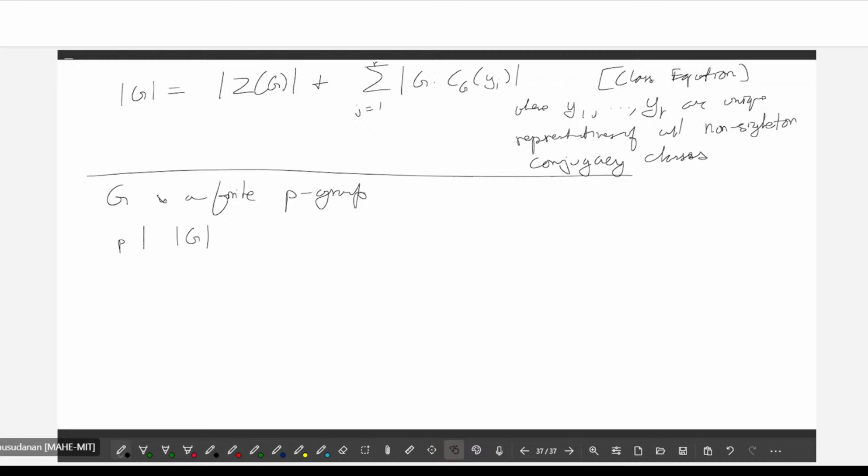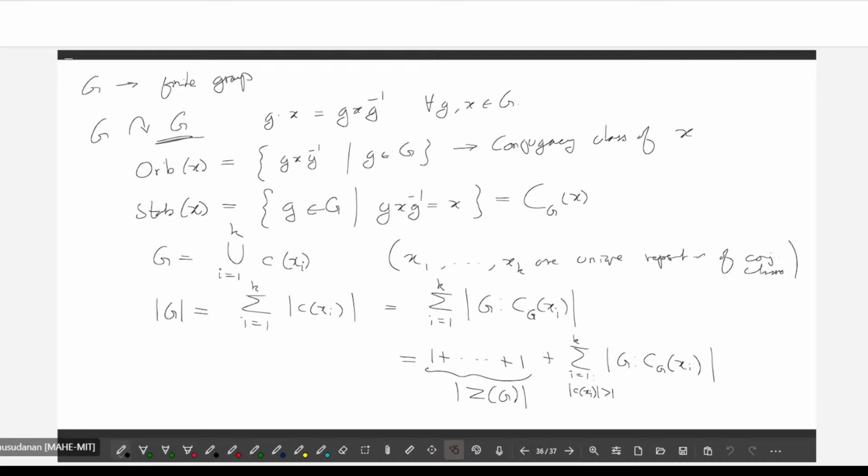We know that being a finite p-group means the order is a power of p. Okay, so p divides the order of G. What about these terms, the summation?